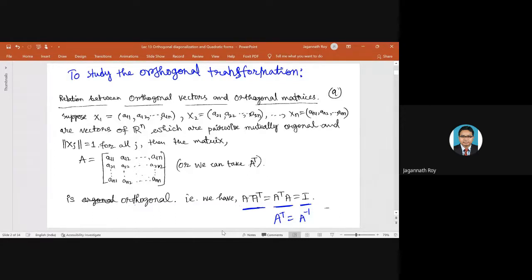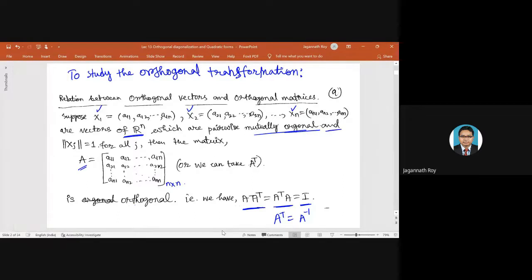Now, given a matrix A, we take the row vectors, or we can take the column vectors, of an n by n matrix. So suppose x1, x2, and xn are vectors of Rn, n-dimensional space, which are mutually orthogonal.